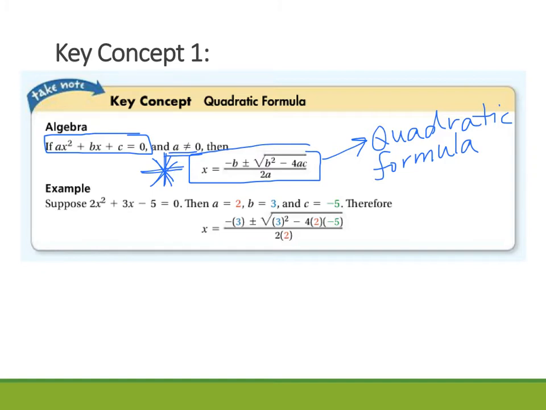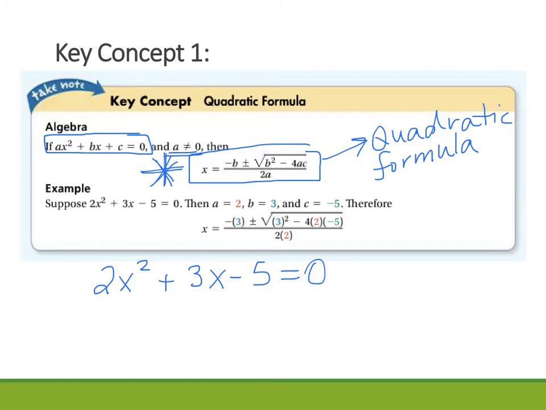Now, when you're looking at the quadratic formula, you have to first designate what these values of a, b, and c are. So think about this particular quadratic equation. Notice that it's written in standard form. And remember, I've taught you that anytime you're solving a quadratic, always put it in standard form first.